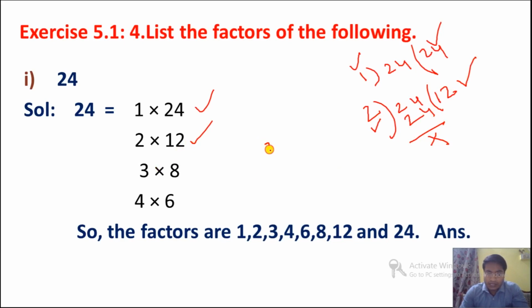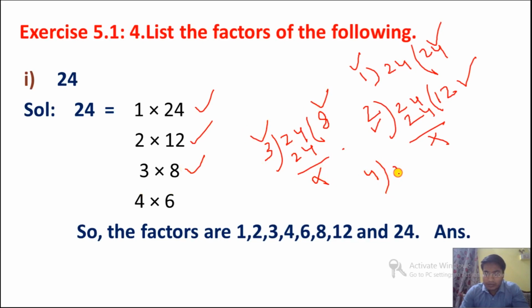Then we'll check by 3. It will go 8 times. So 3 and 8 will be factors, as you can see on the screen. Now we will check by 4. It will go 6 times. So 4 and 6 will be factors.